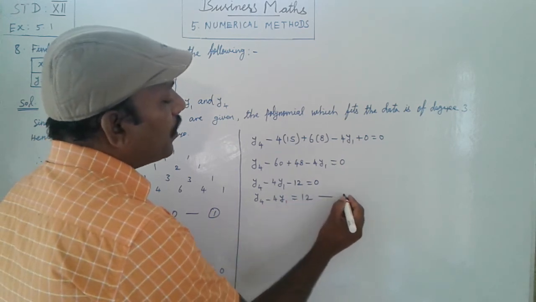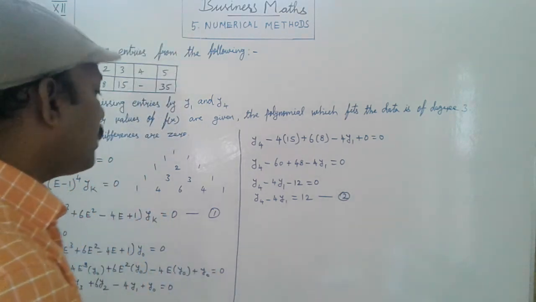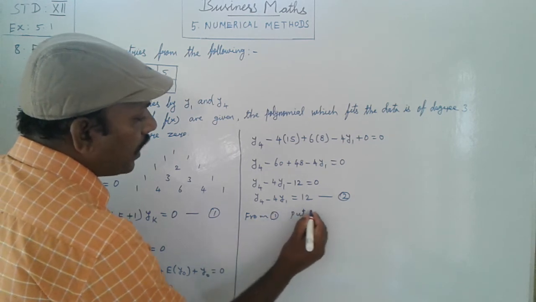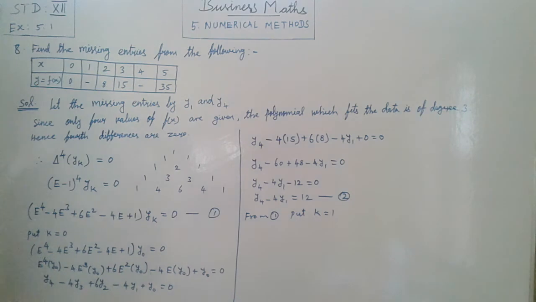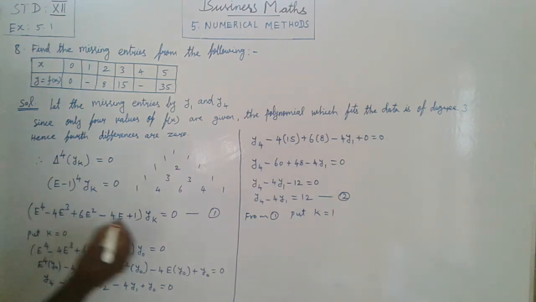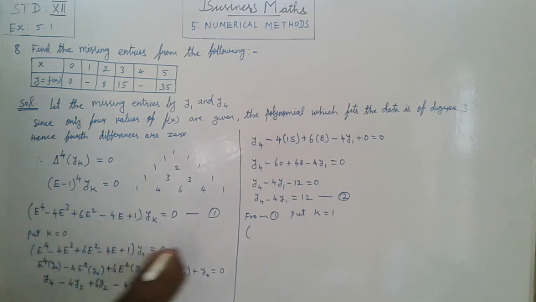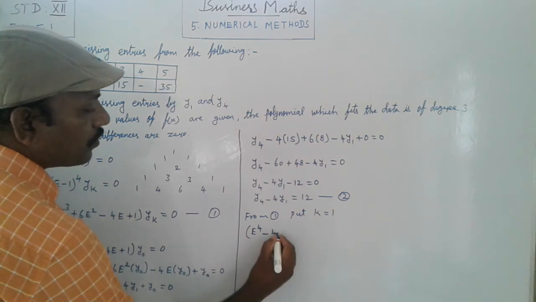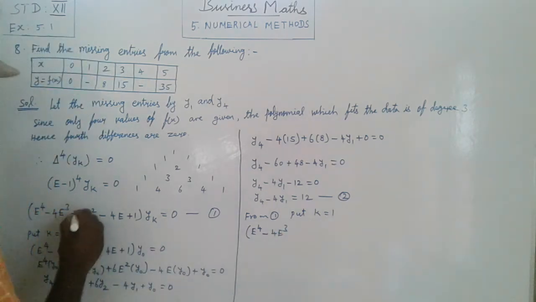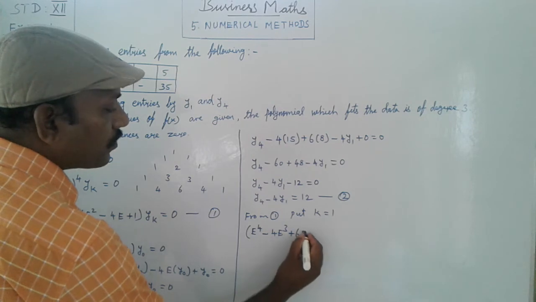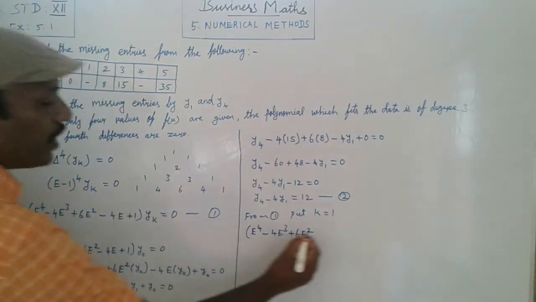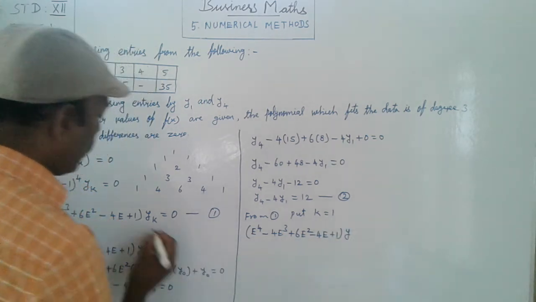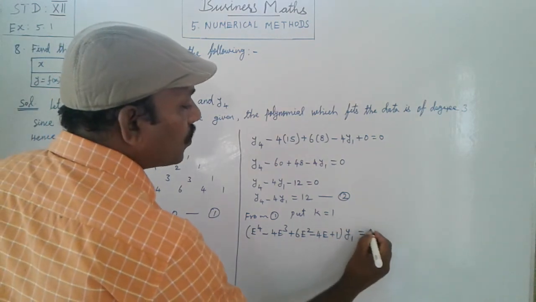This is the equation number 2. Next from 1 put k equal to 1. K value 1 we should substitute. Then what is the e power 4 minus 4e cube plus 6e square minus 4e plus 1 into y1 equal to 0.